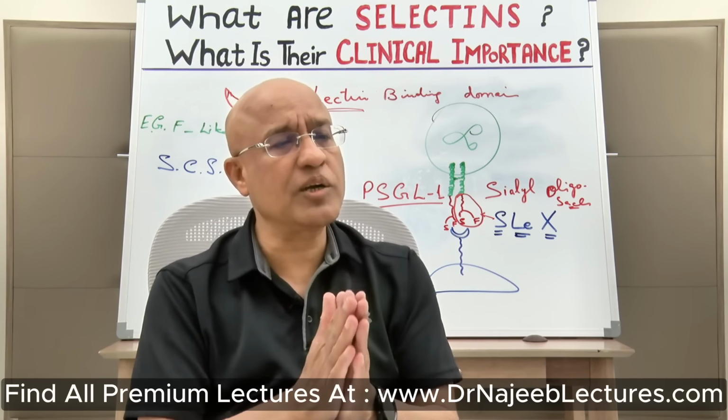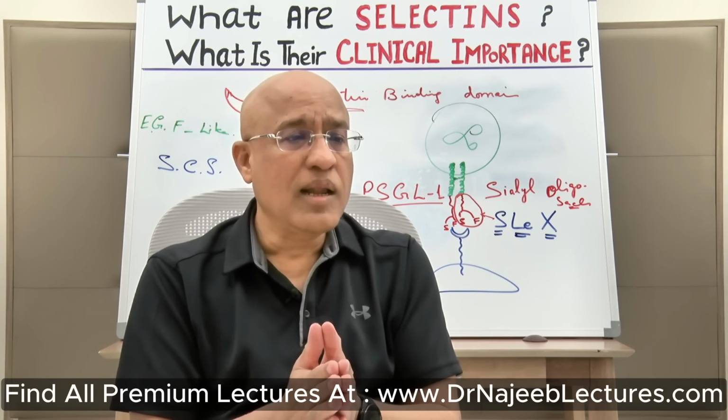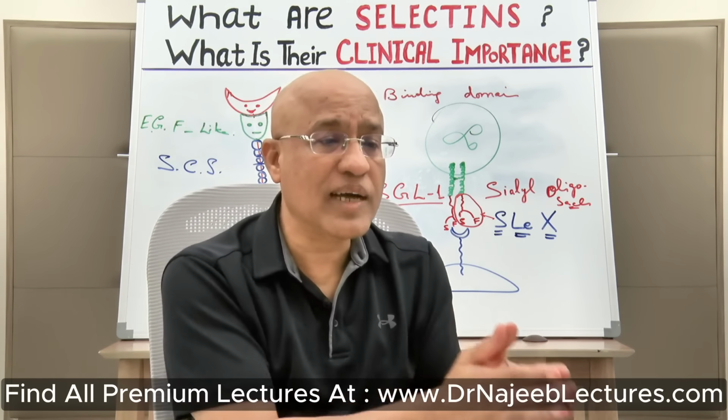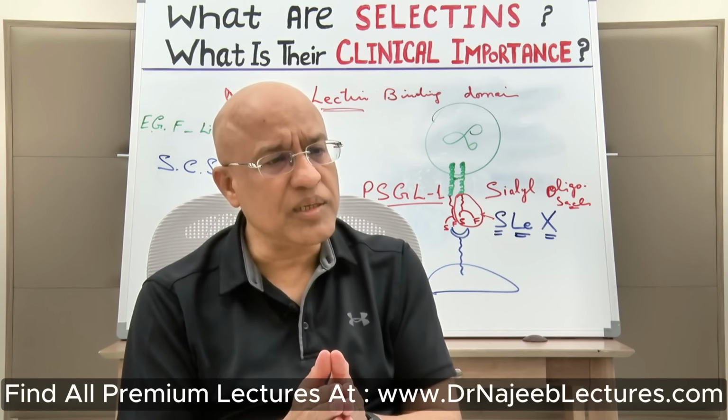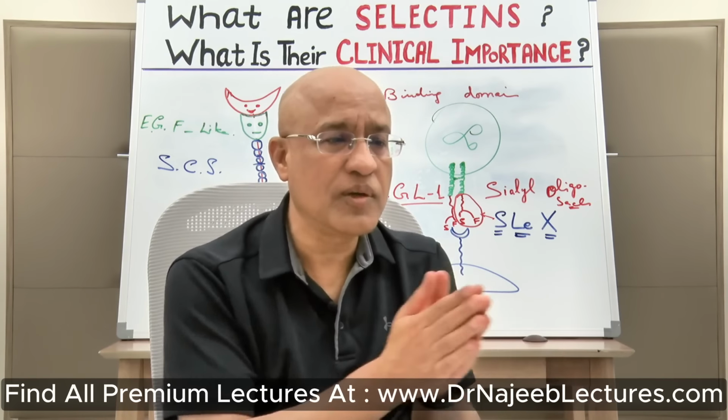Whenever I say the words chronic inflammatory disease, it means inflammation going on for a long time. What does it mean? It means in that tissue cytokines are being produced.